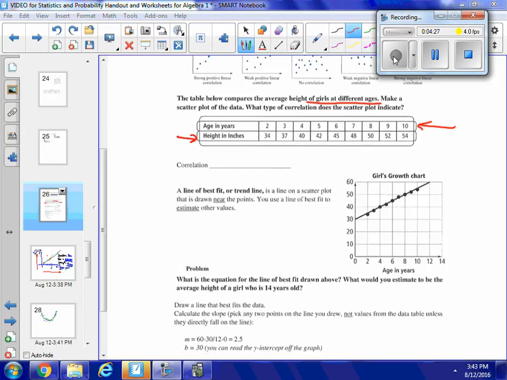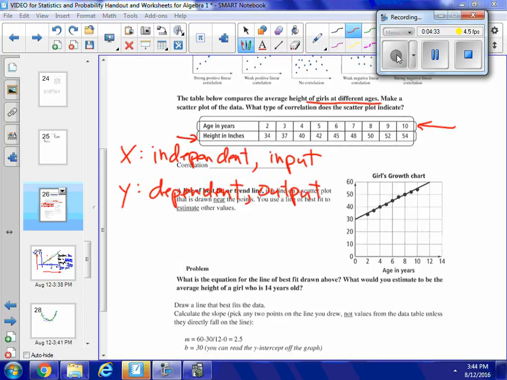And the best way to think about it in my mind is that the x-axis is your independent variable. It's your input. Your y-axis is dependent on the x-axis.